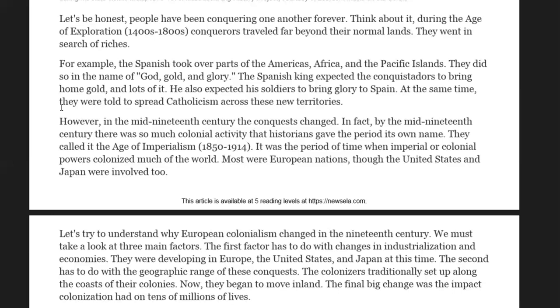So they refer to that, and that's good. That's something we know about. And then they talk about how this process of colonization actually sped up and got bigger. So we want to ask ourselves, okay, why did it get bigger? What was going on?